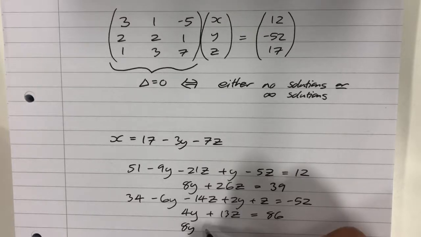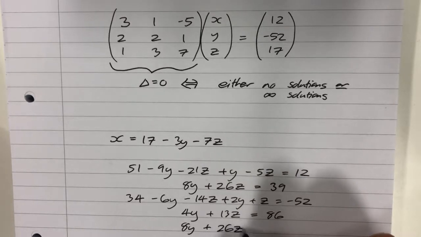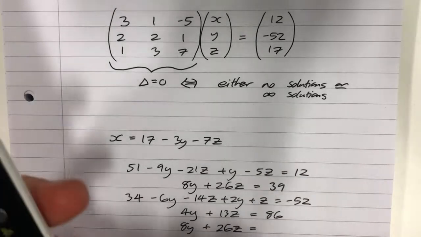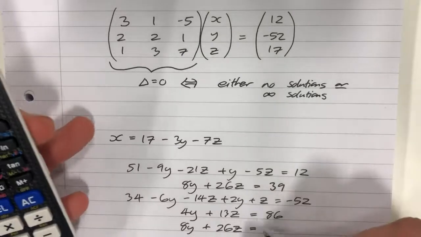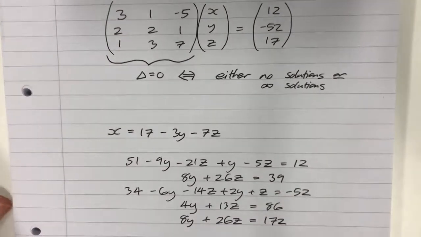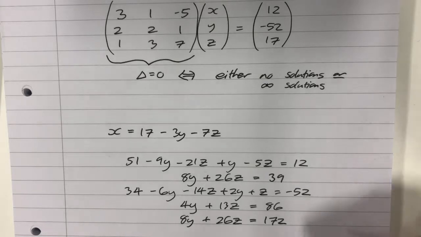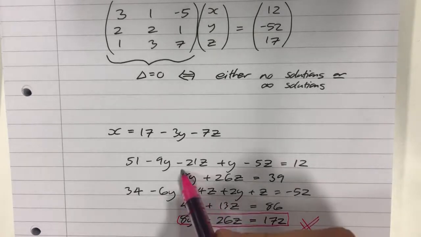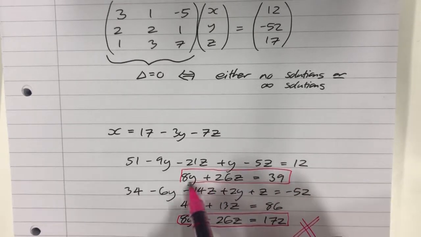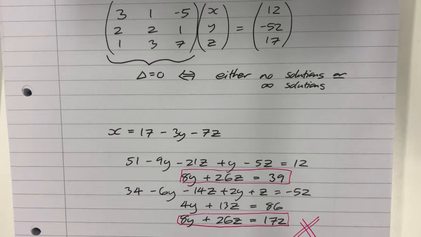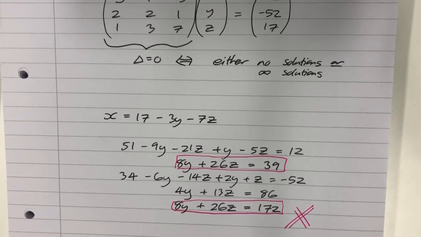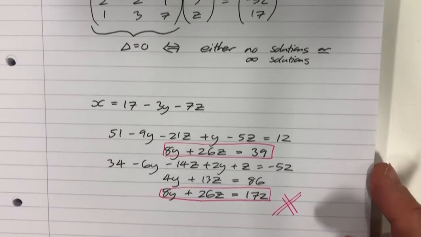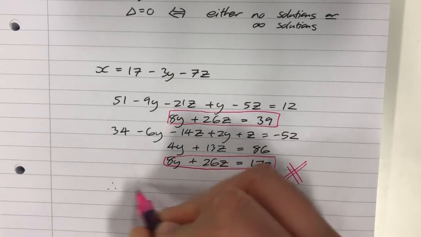In other words, 8y plus 26z equals 172. So that is a contradiction, because 8y plus 26z can't equal 172 and 39 at the same time, whatever value y and z are. So this is a contradiction, so therefore there are no solutions.